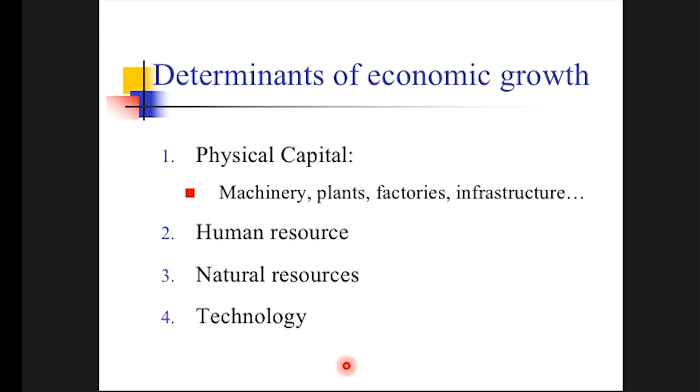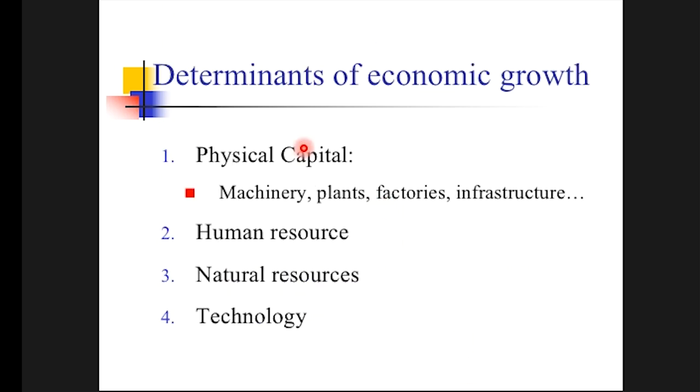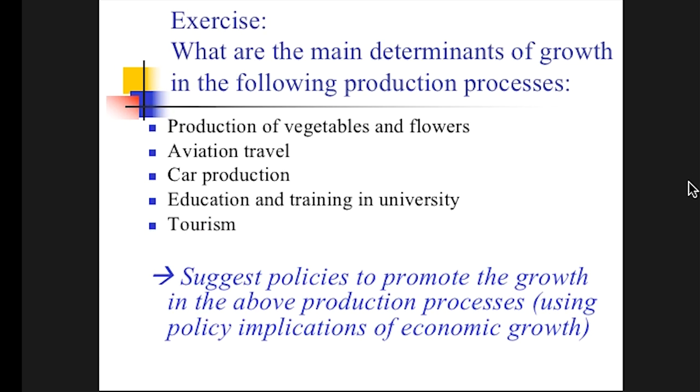So now, slide number 18 is a practice for these two sections. What are the main determinants of growth in the following production processes? You may list the 4 determinants in each production.